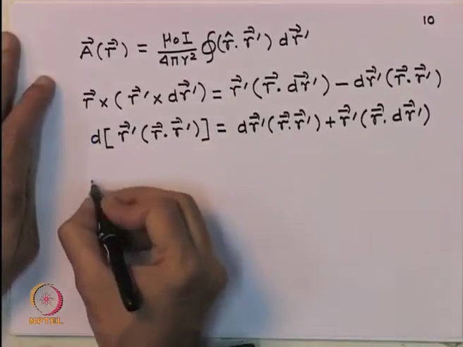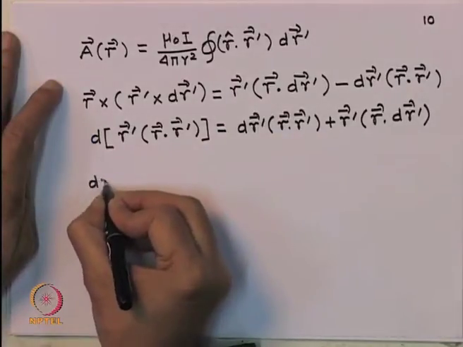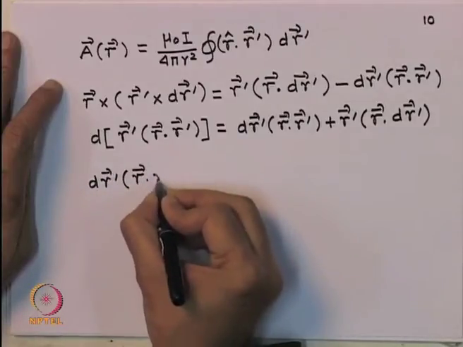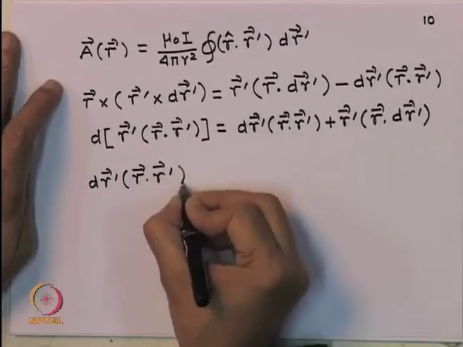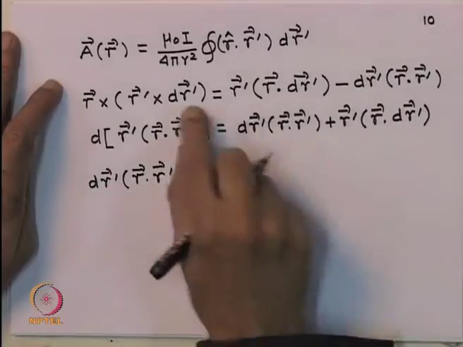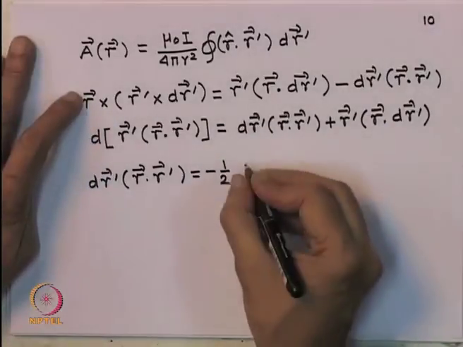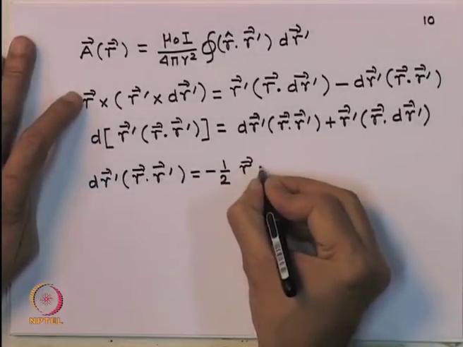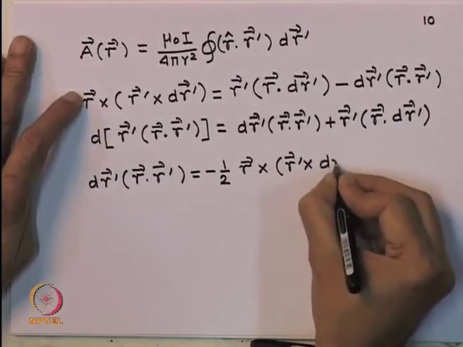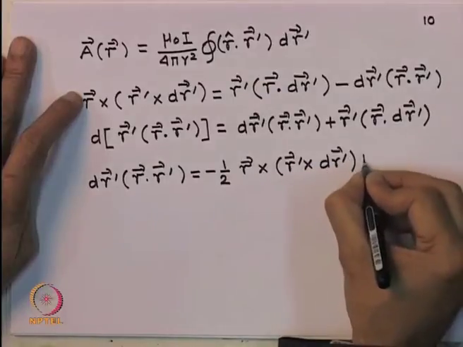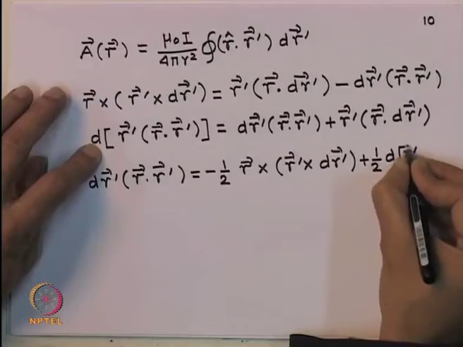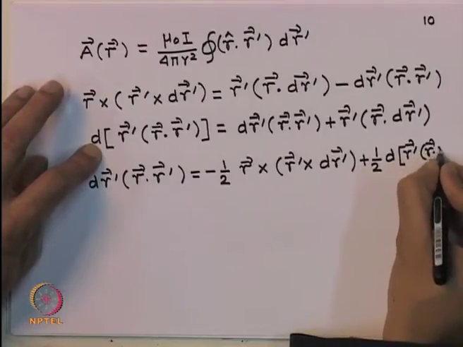So, what you get is that dr prime times r dotted with r prime is equal to minus a half, you can check that one of the terms comes twice, and that gives me a factor of 2, r cross r prime cross dr prime, plus half of this differential of r prime r dotted with r prime.